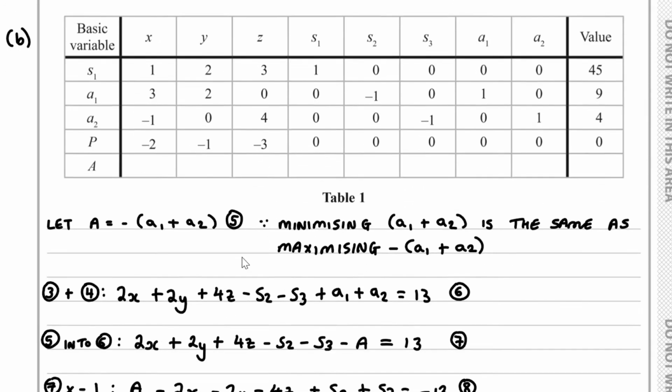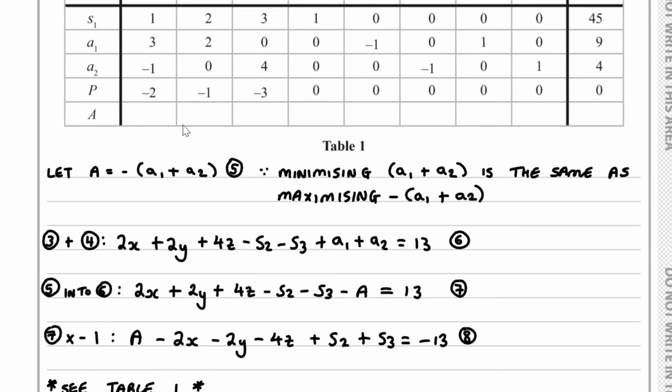So if we substitute these in, we have here minus 2, minus 2, minus 4. And here we've got 0s1, 1s2, 1s3, and we've got 0a1 and 0a2, and this is equal to minus 13.